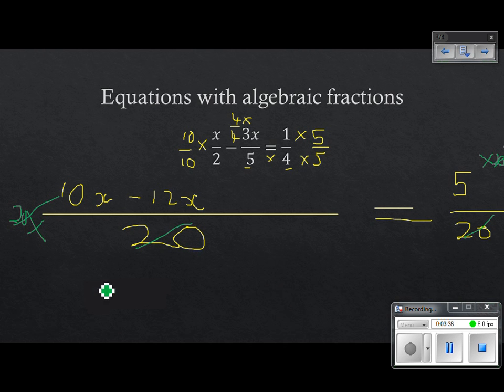And we're left with something that looks quite nice. We're left with 10x take away 12x gives me minus 2x equals 5. And x equals negative 5 on 2.